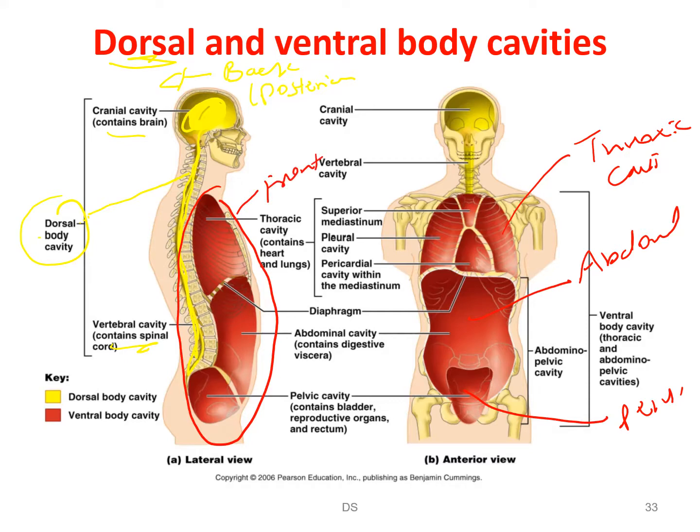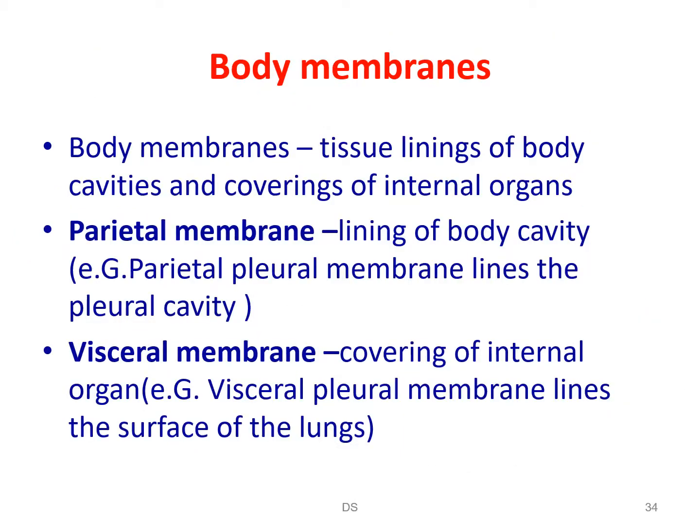Therefore, the thoracic cavity, the abdominal cavity, and the pelvic cavity, since they are located towards the front, are called the ventral cavity. Dorsal means towards the back; the cavity located towards the back is dorsal. The cavity located towards the front is the ventral cavity.